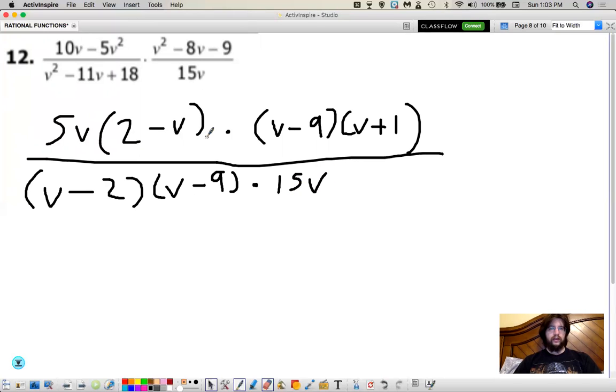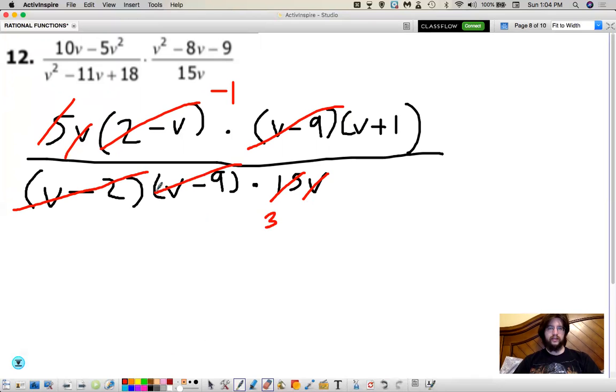Okay. Now, a shortcut, if you really, really want to, you don't have to write out a whole extra step for the GCF here. You can cancel this, but put a -1. That's perfectly fine. The V's cancel. The 5 and the 15 cancel, except the 15 is going to have a 3 with it.